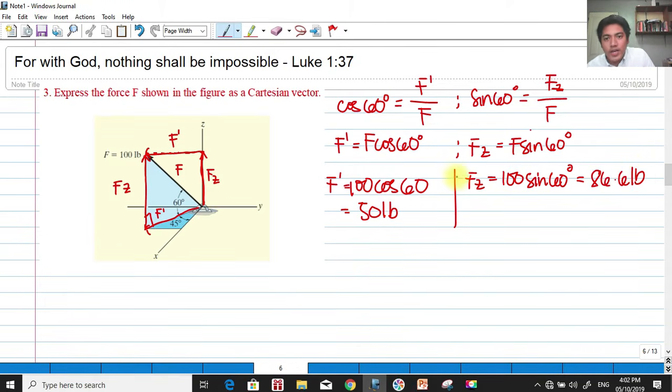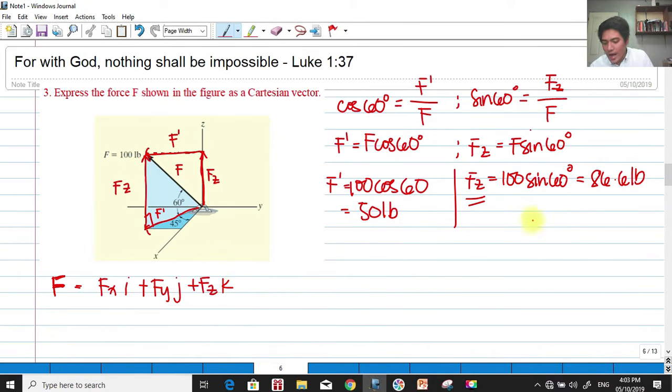So F of z, we have already got it because, again, if we're going to recall, we can express this vector F in Cartesian as the following: F of x i, plus F of y j, plus F of z k.